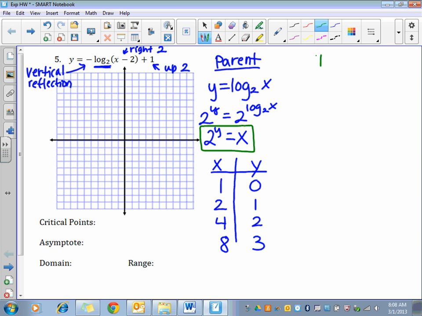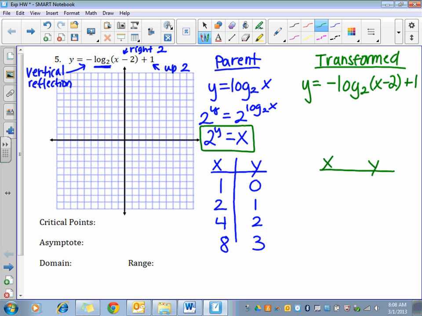So now we're going to look at our transformed function. And this is the one that we're actually being asked to graph. So y equals opposite log base 2 of x minus 2 plus 1. So I'll come down and make another t-chart, and I'm going to transform each of these coordinates.